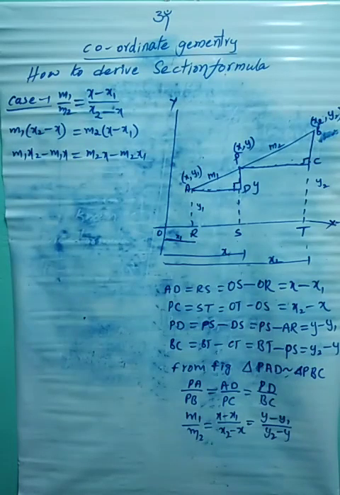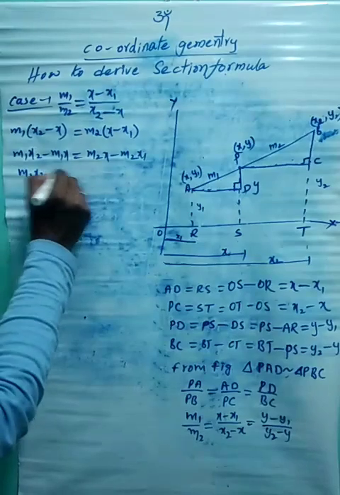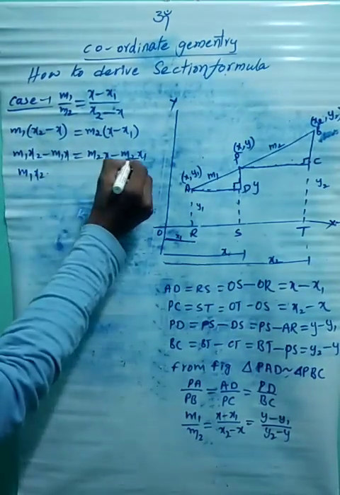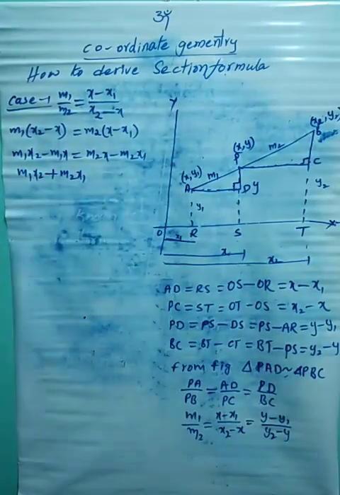You observe this step: we want to take the X value one side, and the X1, X2 values one side. First one is M1 X2. Here it is M1 X2. Here a minus is there; the minus comes to this side, plus M2 X1.